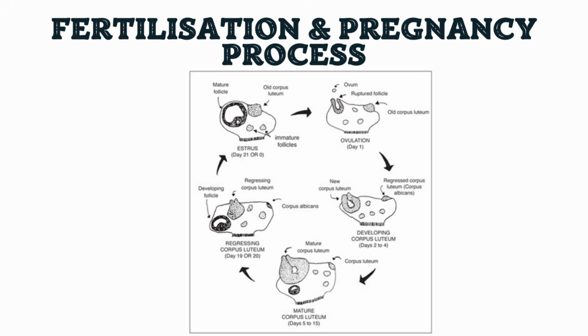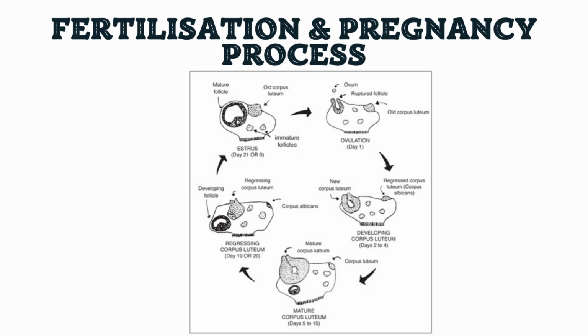Now, fertilization will occur in the fallopian tubes, right? When the DNA of a spermatozoon reaches the DNA of the ovum. Many spermatozoa are required to break down the cells that are surrounding the ovum. These spermatozoa will be released from the male animal.